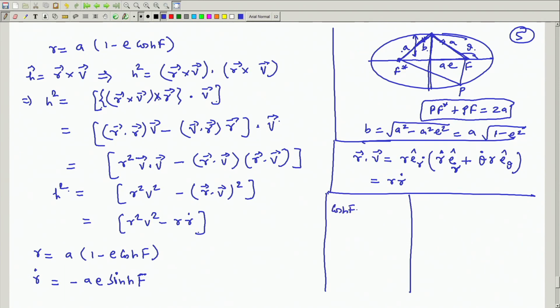Cos hyperbolic f is e to the power f plus e to the power minus f divided by 2, and sin hyperbolic f is the difference divided by 2. So, if you differentiate cos hyperbolic f, you will get sin hyperbolic f. So, we have here r dot, and together with f dot will come here.